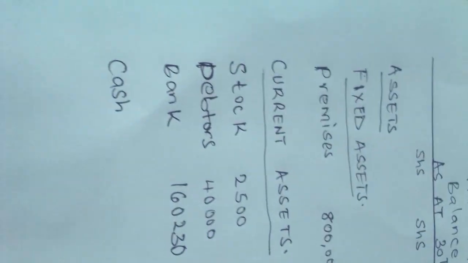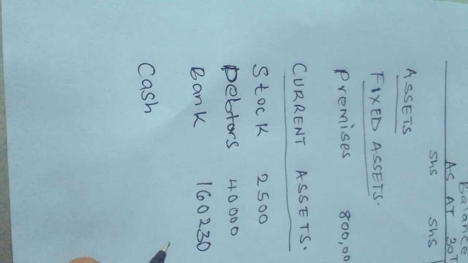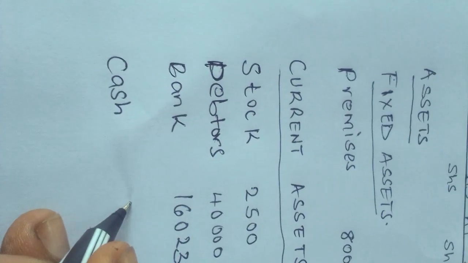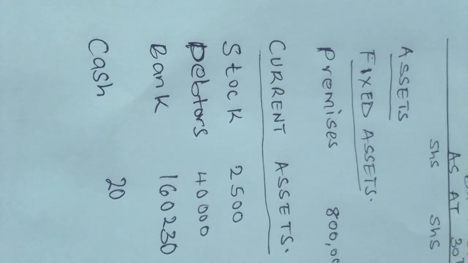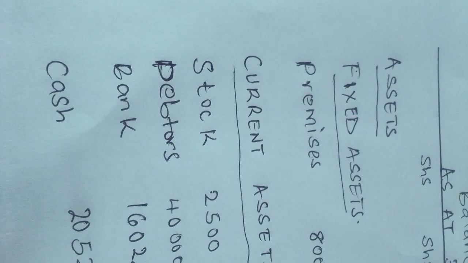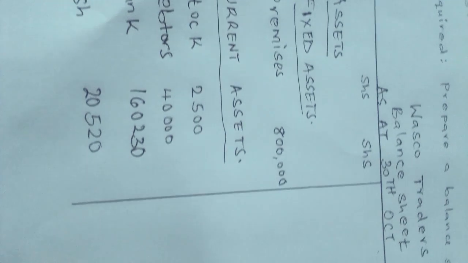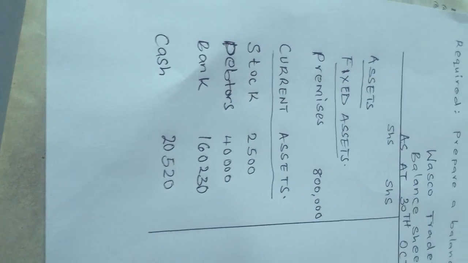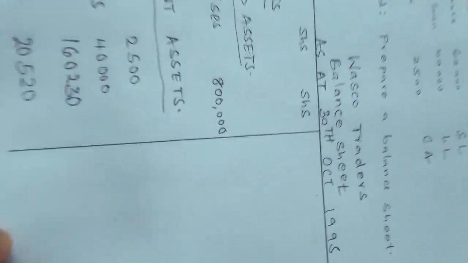And learners, a 2-year loan is a long-term liability because it is a loan that is paid over more than 1 year. But a loan that can be paid within less than 1 year, we call it a short-term liability.